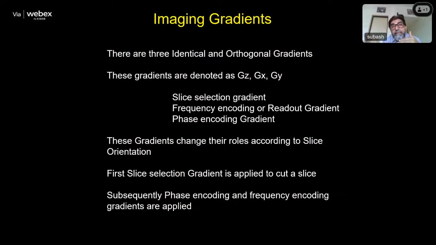If Y is slice selection, then X and Z will work as phase encoding and frequency encoding. Accordingly, they will keep changing. The first gradient applied is always the slice selection gradient to cut a slice. This is for sure. First of all, you have to cut a slice from the body. Subsequently the phase encoding and frequency encoding gradients can be applied.